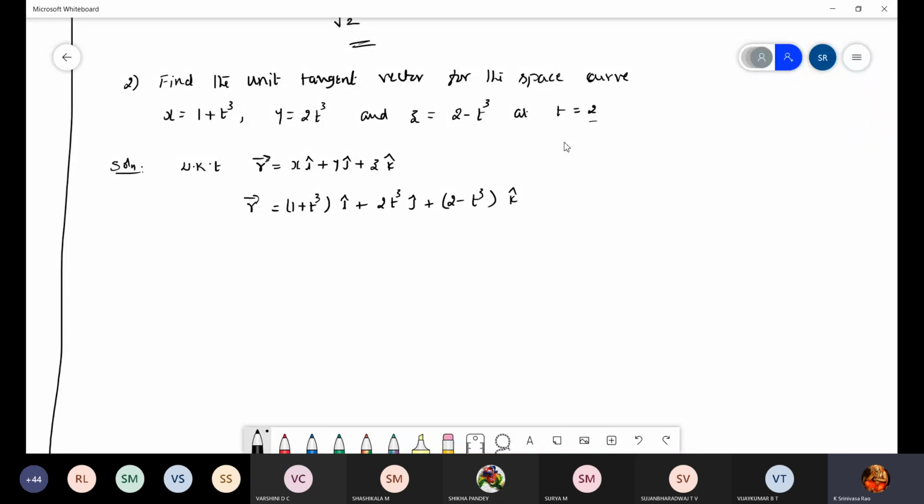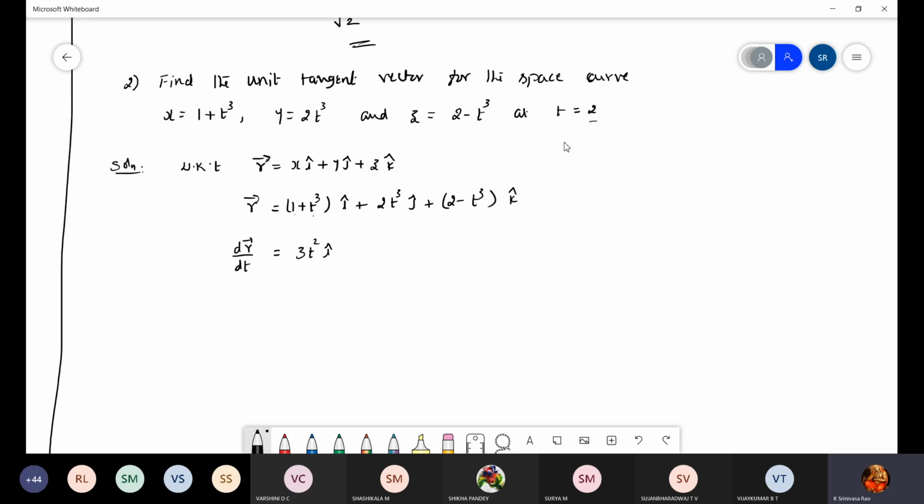Now what is dr by dt? That you calculate first, because we know the tangent vector formula is just one-time differentiation, dr by dt. Differentiate this r. Differentiation of 1 is 0. T cube differentiation is 3t square. I will write the answer directly because it is very simple. Still, if you have any doubt, you can ask.